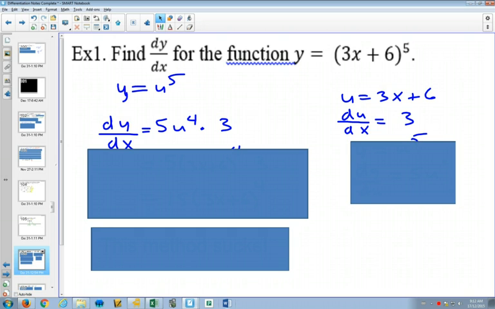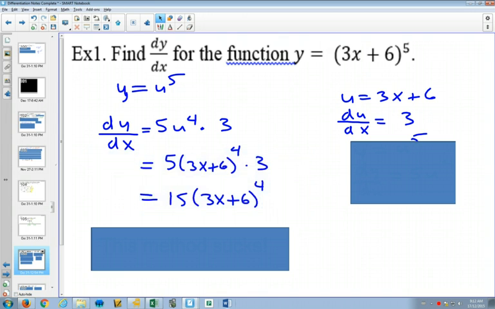So if we label our inside function with u, 3x plus 6, and we then say what is our outside function going to be, our outside function is y equals u to the 5. Then if we take dy du, our formula says dy dx will be dy du times du dx.